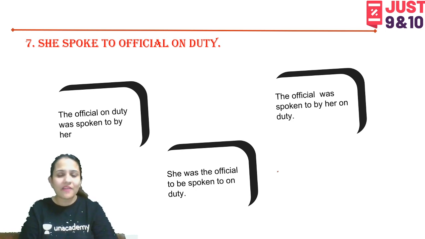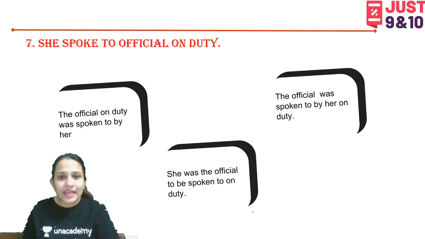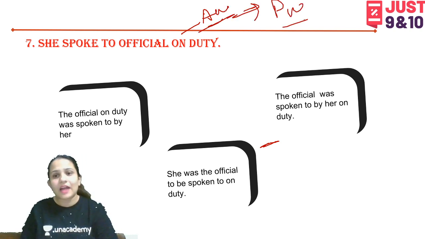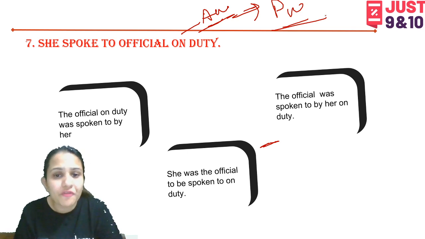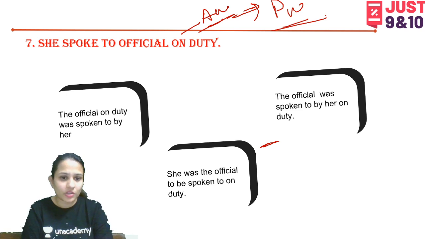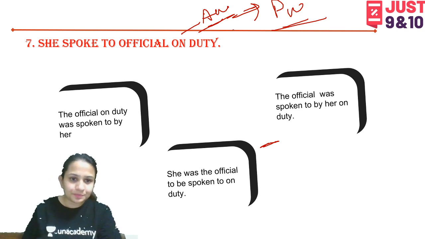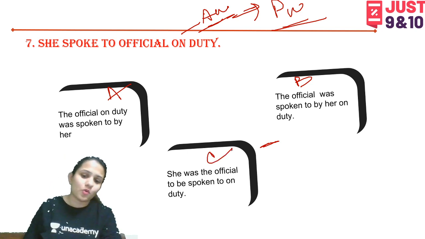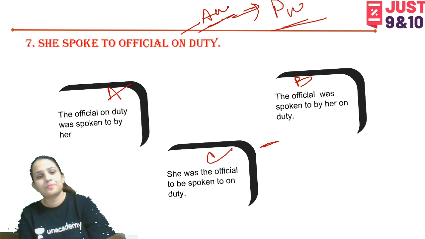I hope you are all having a good time. Now, the next question is again on voice. This is an active voice sentence, and you have to convert it into passive voice. She spoke to the official on duty. The official on duty was spoken to by her. The official was spoken to by her on duty. She was the official to be spoken to on duty.